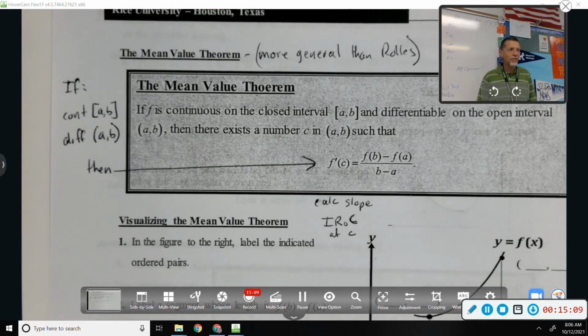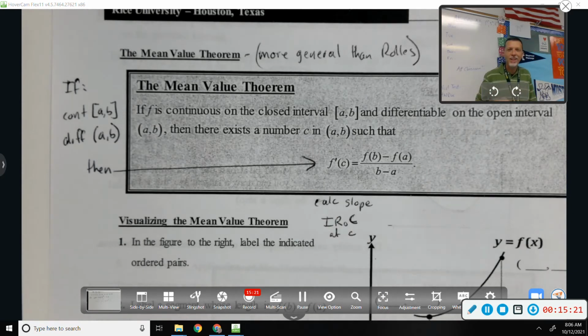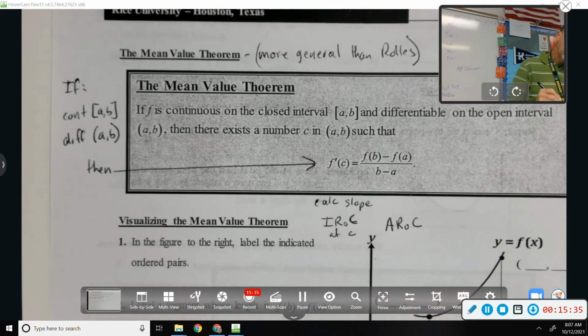You've seen it before, so you recognize it. You remember what we call that or where you've seen it before? Tried to give you some hints because it's not the calculus slope, it's not the instantaneous rate of change. Somebody said, I think, the average what? That's the average rate of change.